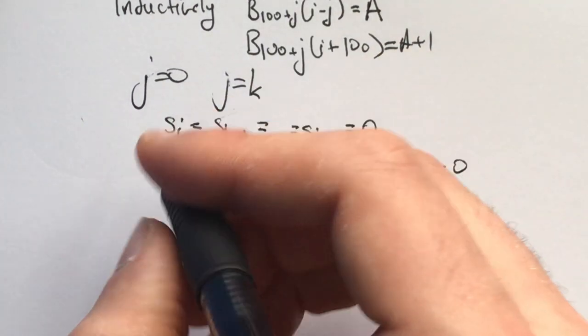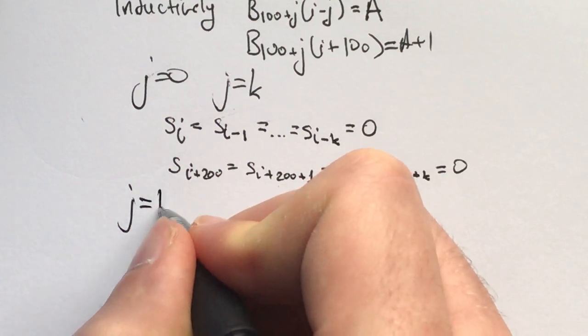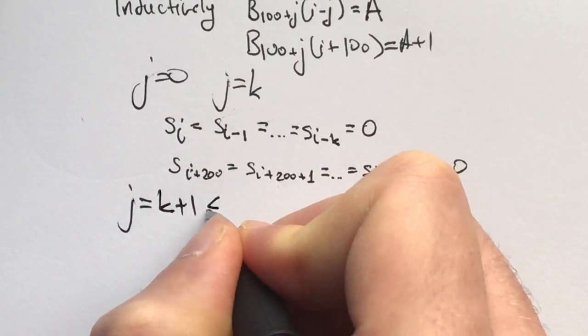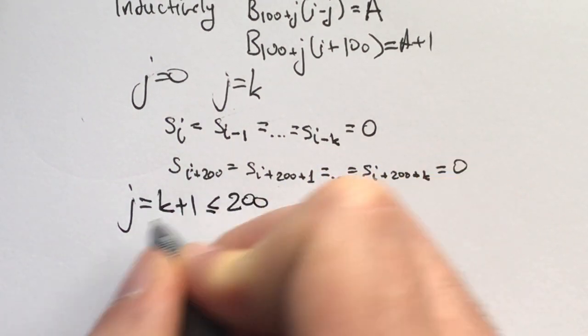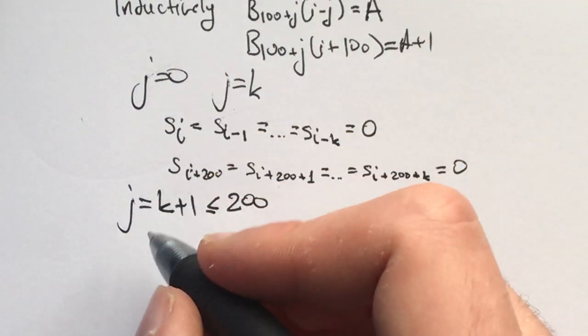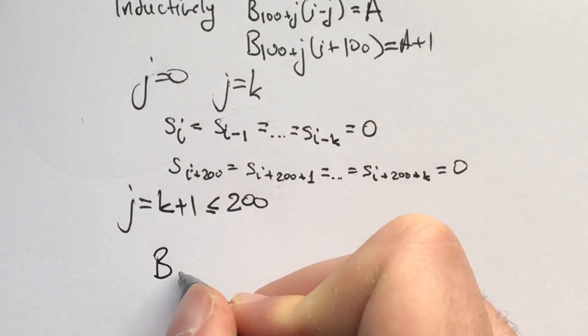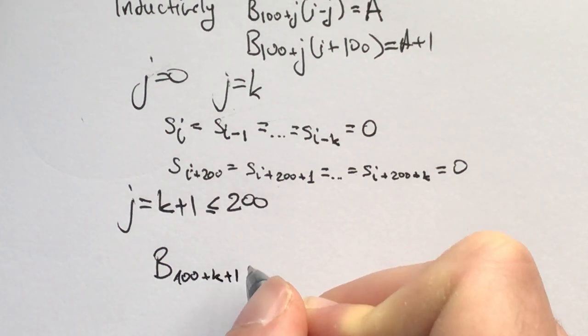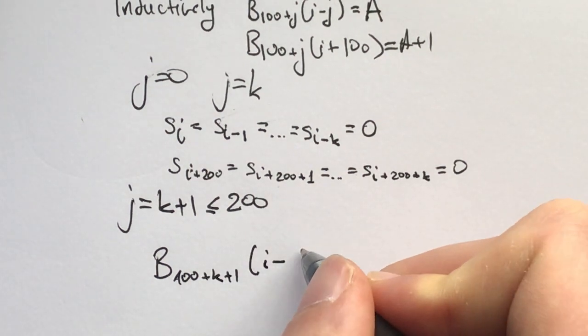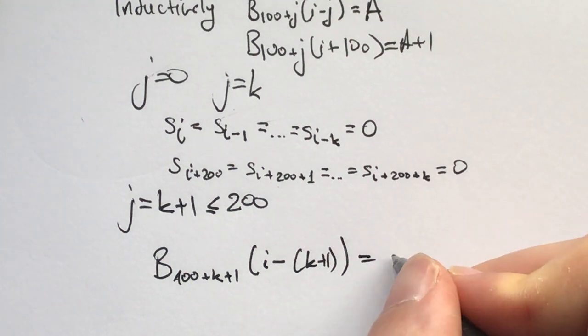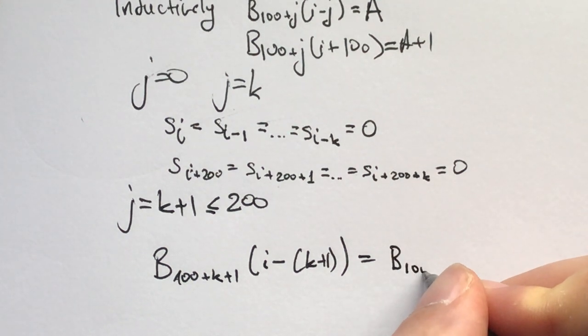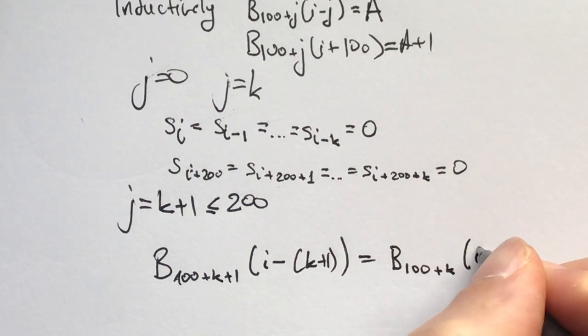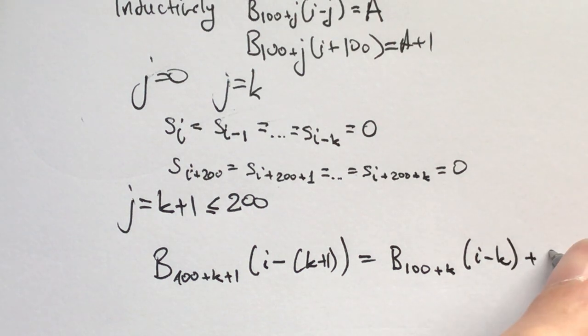And now what we do for j equals k plus 1, less than or equal to 200, keep in mind that we have that b_{100+k+1}(i-k-1) is going to be equal to b_{100+k}(i-k) plus s_{i-k-1}.